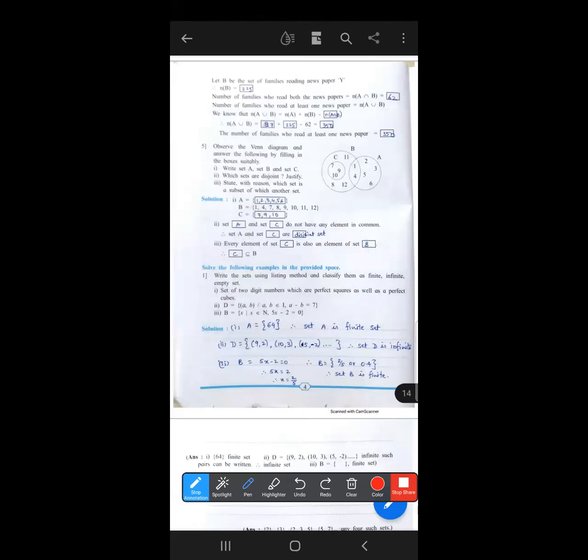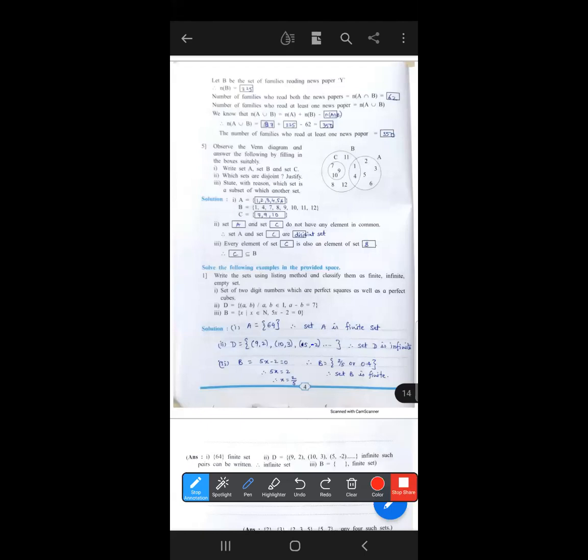This particular set D is an infinite set. Your friend may get a different answer, no doubt, but you should remember the conditions: whatever numbers you take belong to the integers, and the difference between these two integers must be 7.